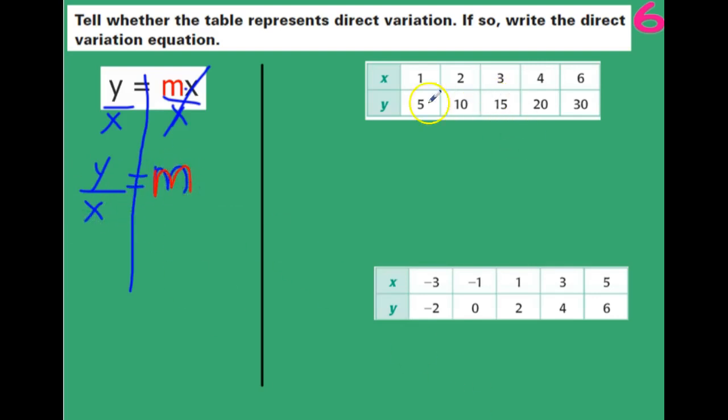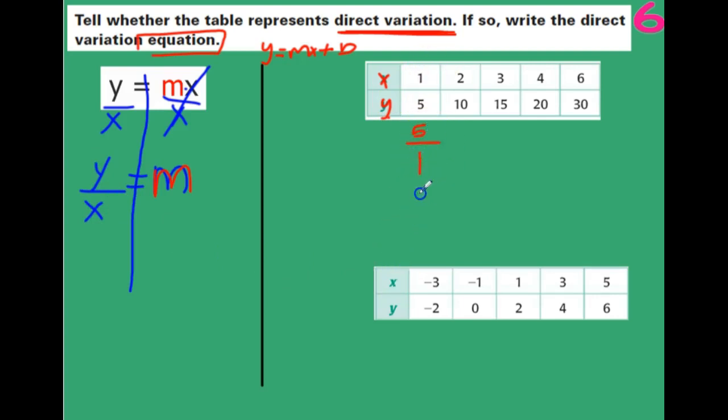So if we have a table with x's and y's, and they're telling us to tell whether it's a direct variation equation, and if so, write the equation in the form y equals mx plus b. To find our slope, we're just going to take y and divide it by x. So y is 5. We're going to divide it by x, which is 1.